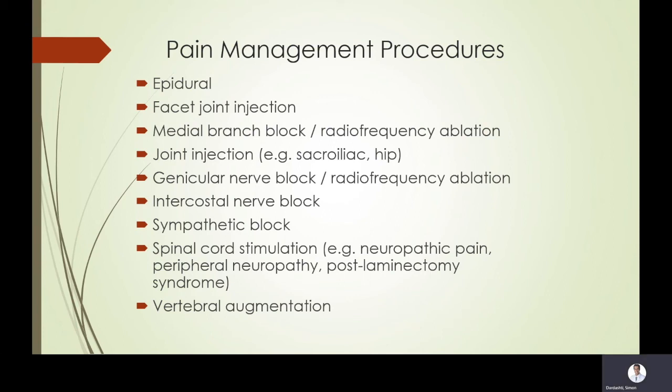Genicular nerve blocks and radiofrequency ablation for knee pain. Individuals who have intercostal pain, which is pain along the ribs due to a nerve getting pinched, other muscle tightness and what have you, we can block those nerves. There are individuals with organ pain, sometimes a sympathetic block along the nerves that involve sympathetic and parasympathetic. And also we'll talk about spinal cord stimulation, which is one of the newer modalities.